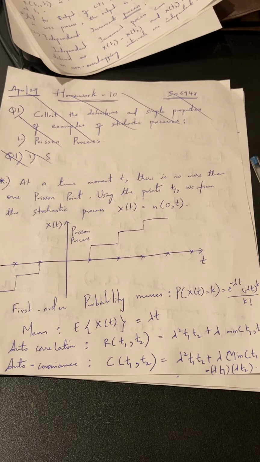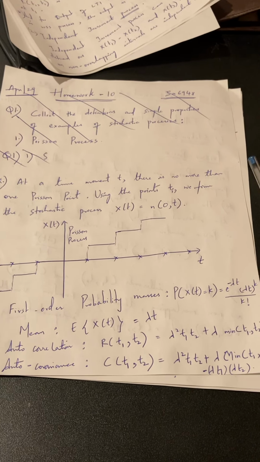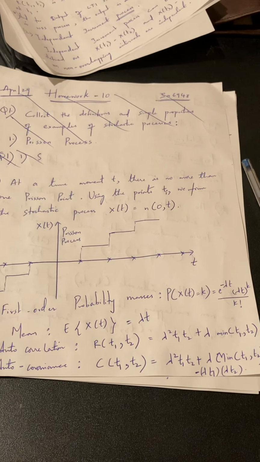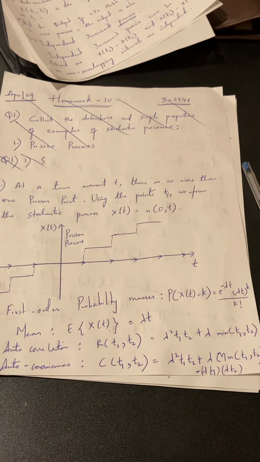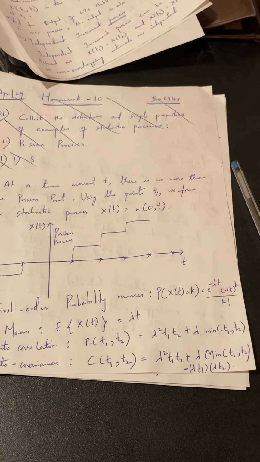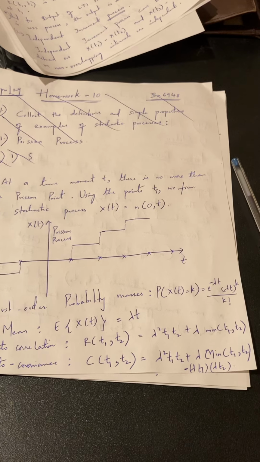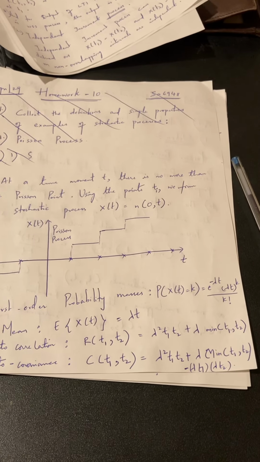Mean of x(t) is lambda t, autocorrelation is lambda square t1 t2 plus lambda minimum of t1, t2. Autocovariance C(t1, t2) is lambda square t1 t2 plus lambda minimum of t1, t2 minus lambda t1 into lambda t2.